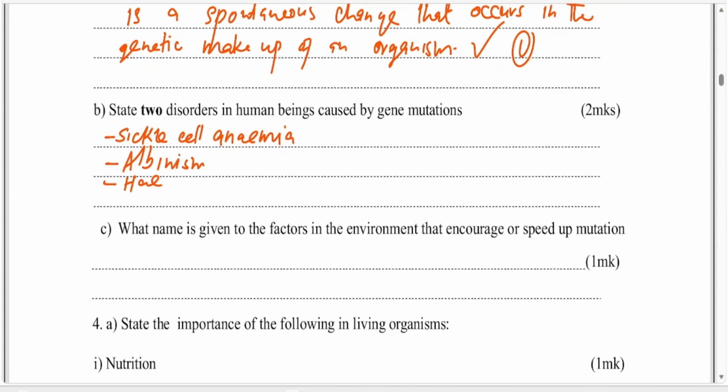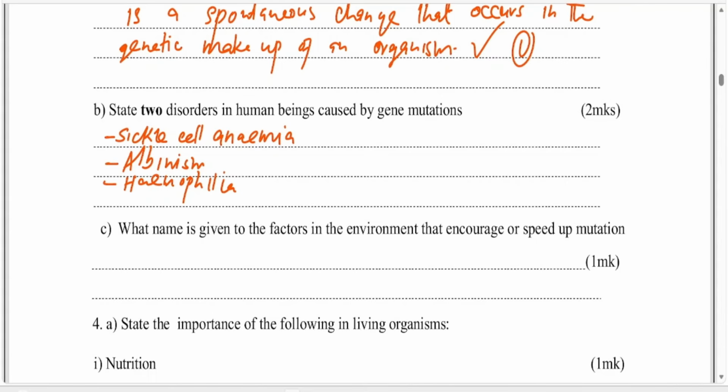Hemophilia is a condition or disorder that is caused due to a mutation of a gene that responds to blood clotting. So in case of an injury, the victim continuously bleeds. So that mutation that occurs leads to a disorder that we call hemophilia, excessive bleeding.